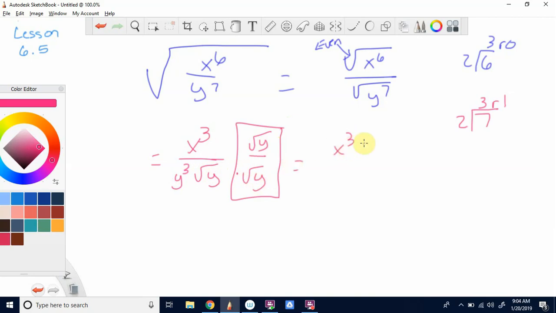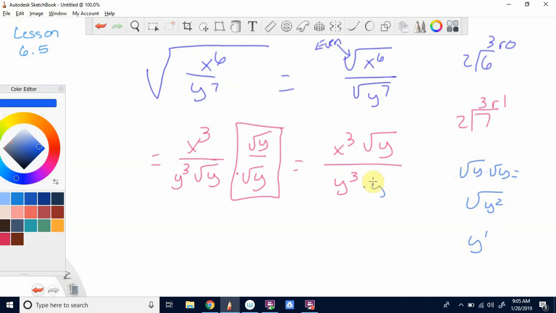I have x cubed square root of y all over y cubed, and the square root of y times the square root of y. I'm going to come over here and show you. The square root of y times the square root of y is the square root of y times y, or y squared, which simply is what? y to the 1st.